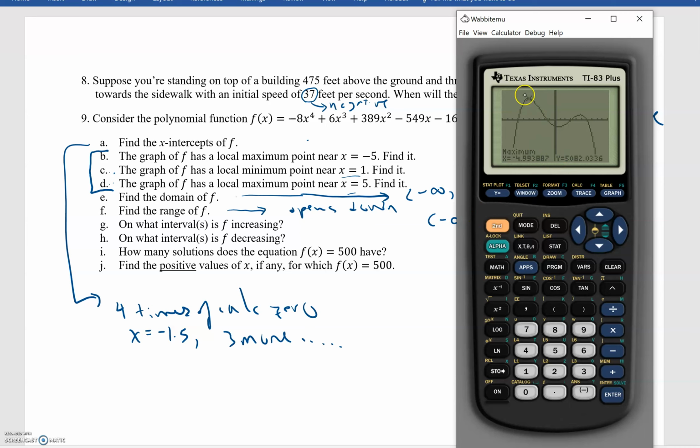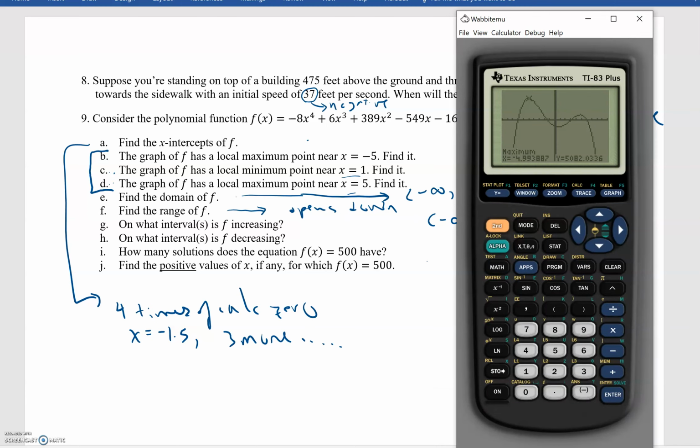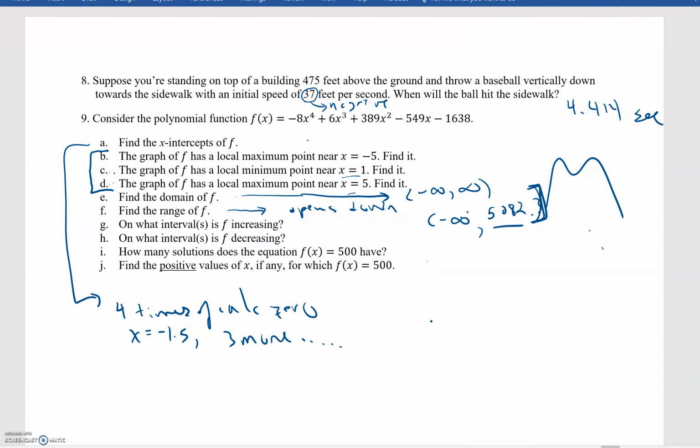Now I just happened to have found the absolute max. It could have been over here or something, but clearly this is the high point. So negative infinity up to 5,082.03, sorry, being a little sloppy. That's a bracket. There we go. So that's our range.